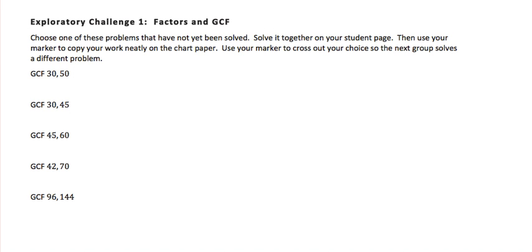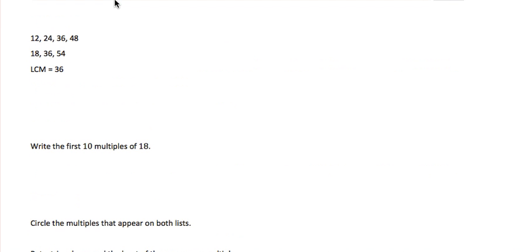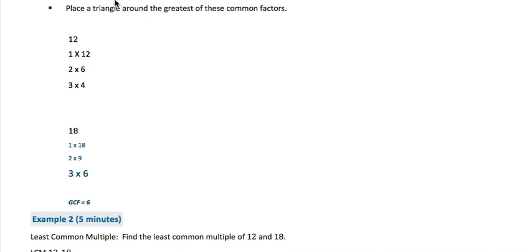Our exploratory challenge is being completed mostly in class. It is a group activity, but I'm just going to talk through the different challenge activities in case you are working on it at home. Exploratory Challenge 1 is the factors and the greatest common factor. And you'll complete that in the same way that we did the greatest common factor earlier on in our examples.